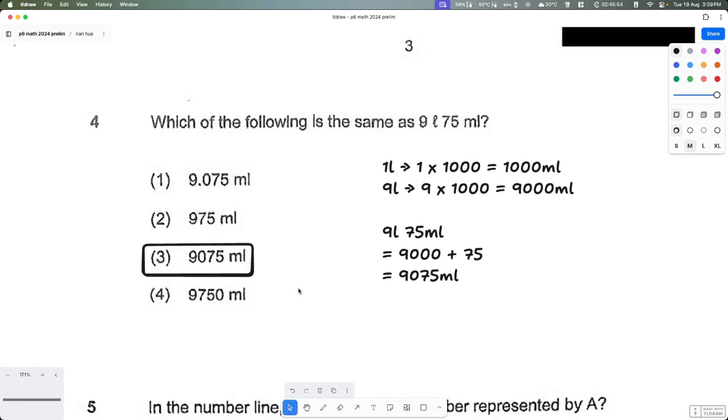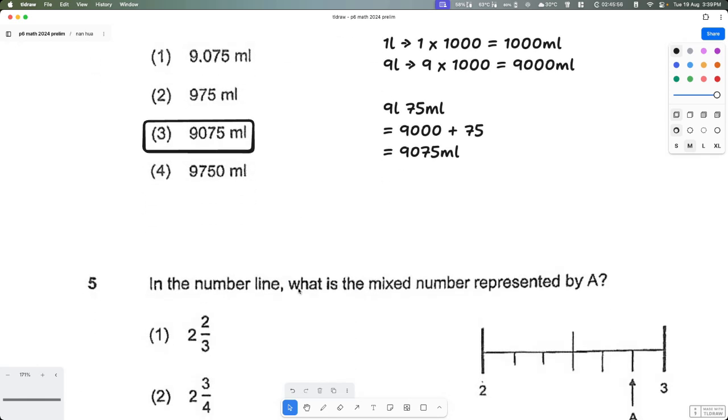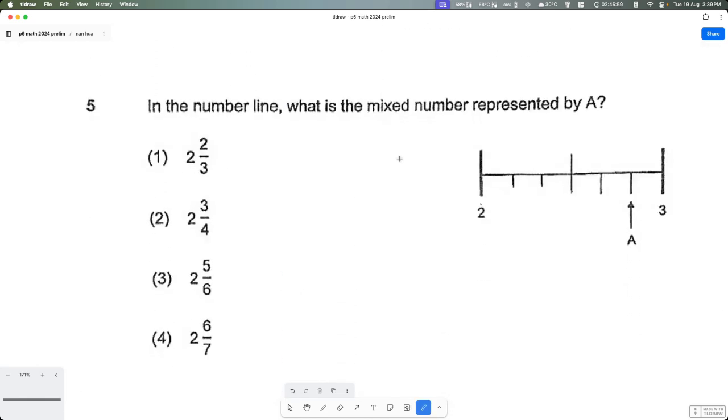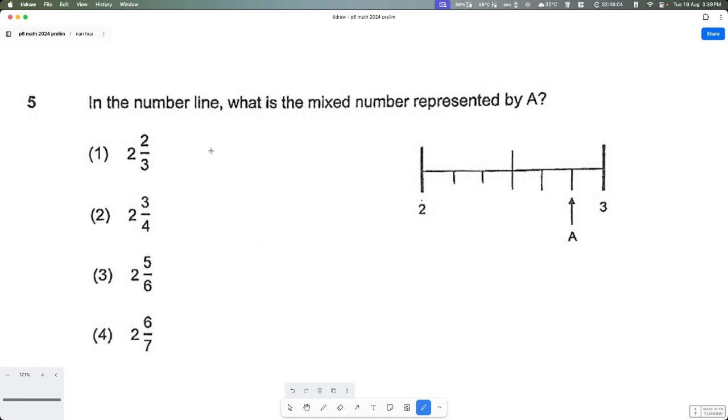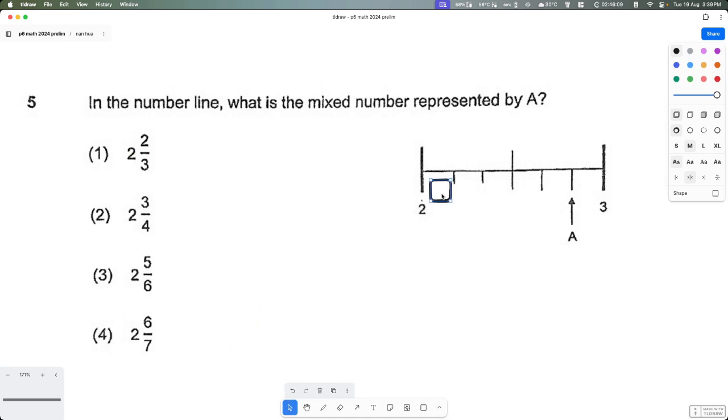All right, let's move on to the next question. Question number 5. On a number line, what is the mixed number represented by A? We have a bunch of fractions. We know it's 2, so we just need to count the number of gaps. 1, 2, 3, 4, 5, 6. So we have a total of 6 gaps.